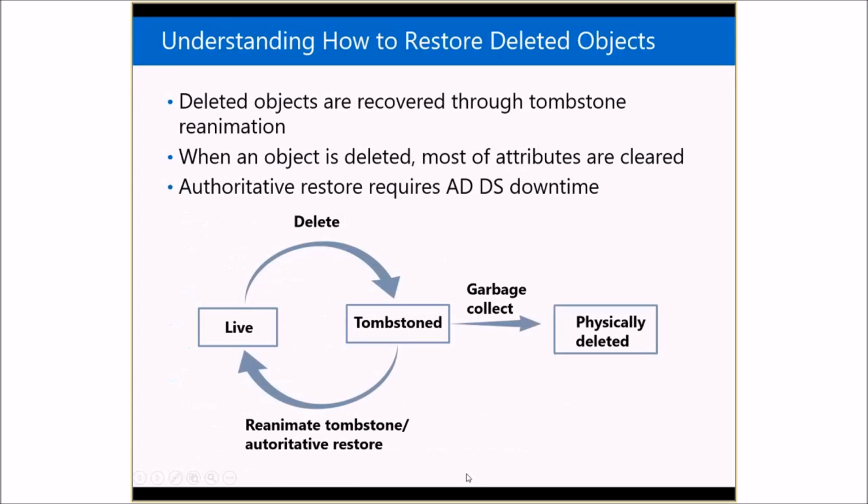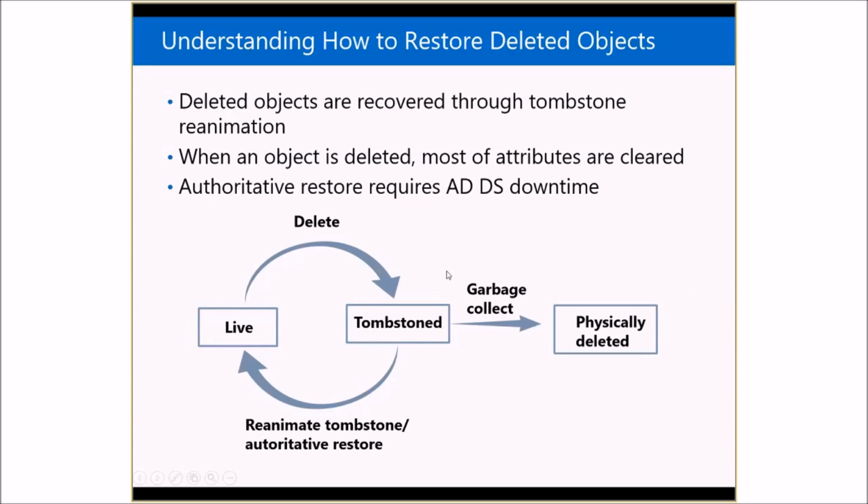All right. So what about deleted objects? Traditionally in Active Directory, deleted objects are removed through tombstone and recovered by tombstone reanimation. So basically, you have live objects, you delete one, and there's a time period. If you don't do anything after that time period has expired, the garbage collector permanently deletes it.